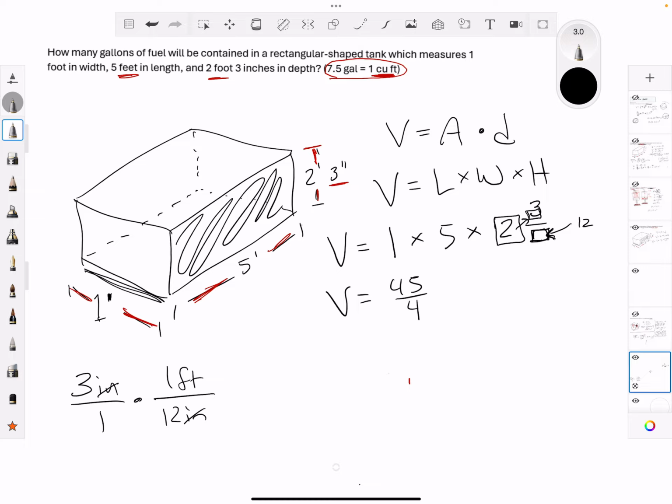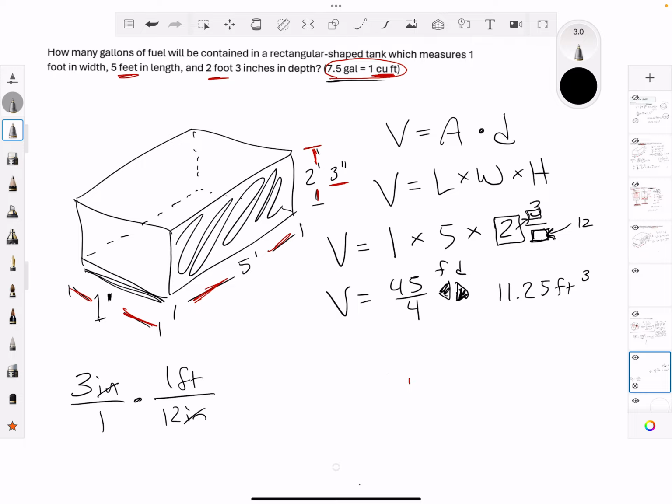Well, that's not what we want. So what we need to do is convert this fraction to decimal by using the fraction to decimal button that's directly above the enter key, and hit that. What's going to come out is going to be 11.25 feet, and this is a volume, so it's cubed, feet cubed.